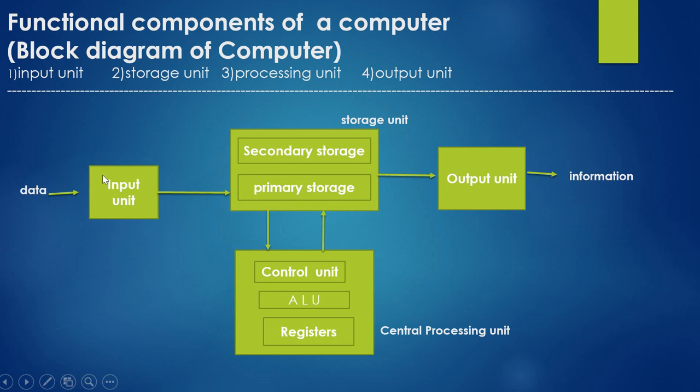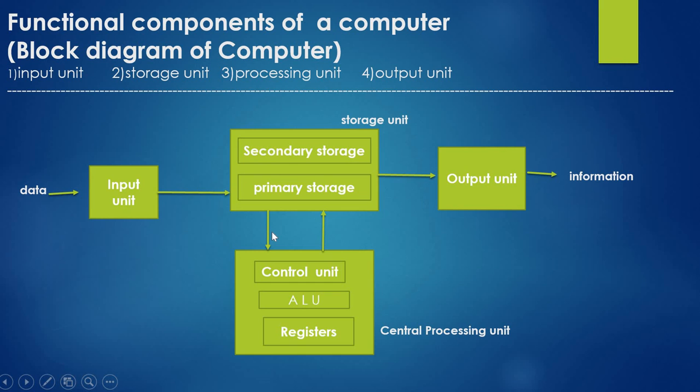This input unit accepts that 5 and 2 and converts them to binary form. That is, 5 means 101, 2 means 10. Then that binary form of the data is stored in this storage unit.